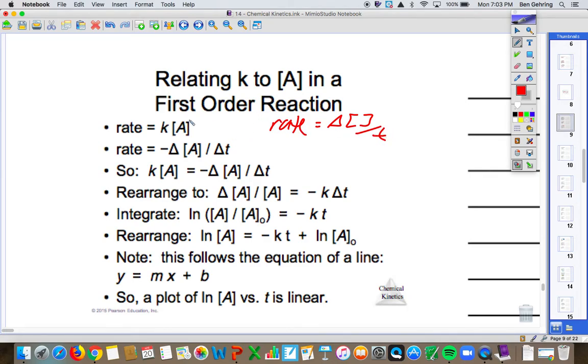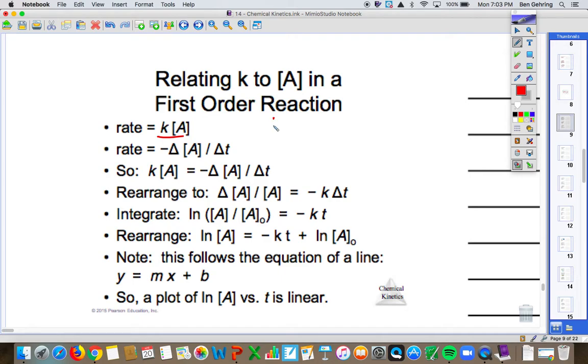Because both of these are equal to rate, we can set the first one, k[A], equal to the second one, which is negative change in concentration of A divided by change in time. If we rearrange these, we can put the concentrations both on one side and k and t on the other. This is how we end up at this equation.